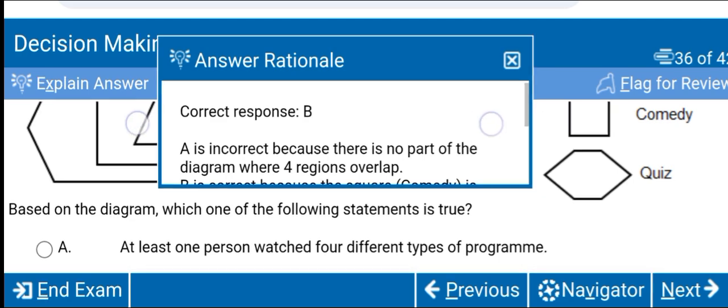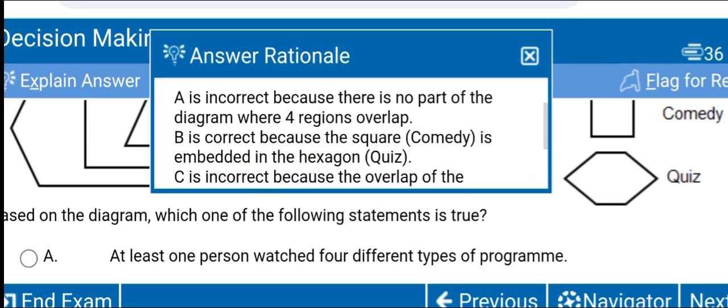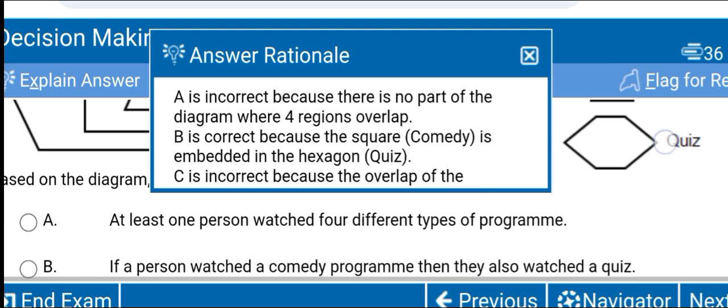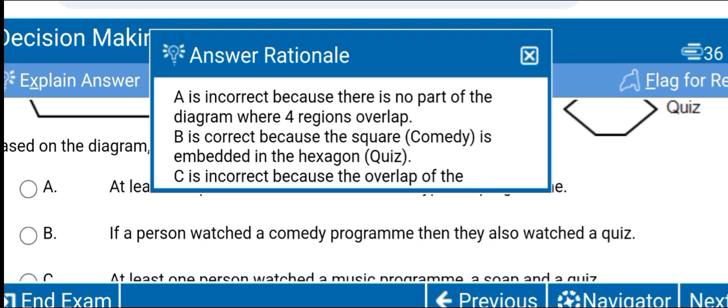Option B is the correct option. A is incorrect because there is no part of the diagram where four regions overlap. B is correct because the square is embedded in the hexagon.